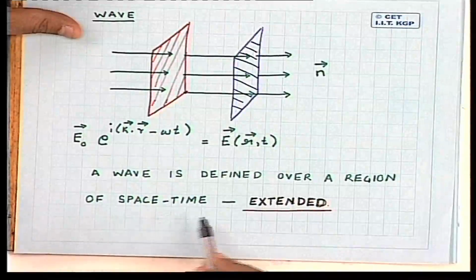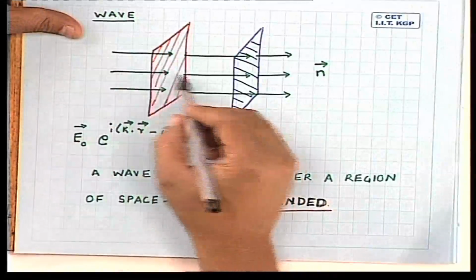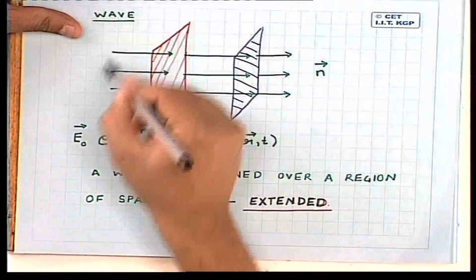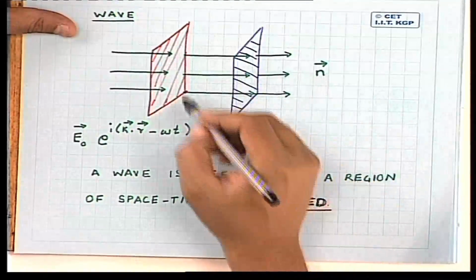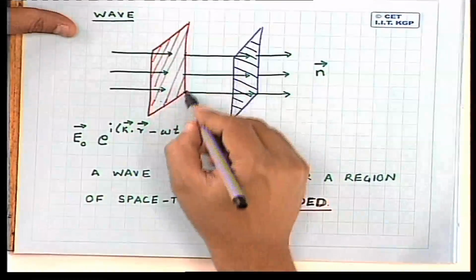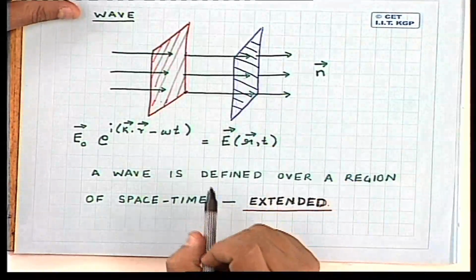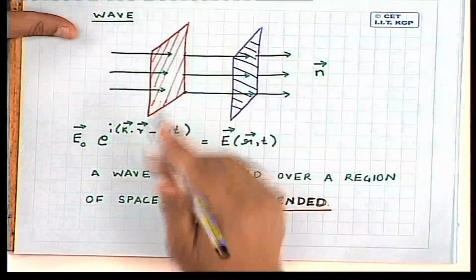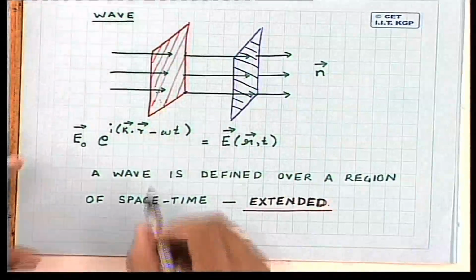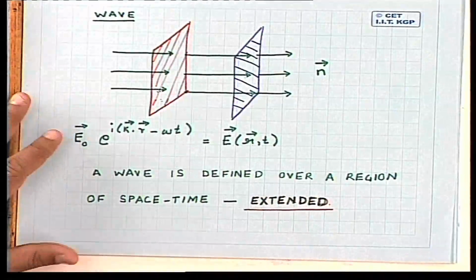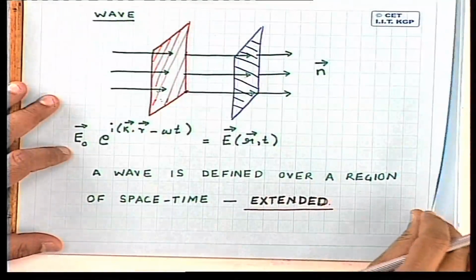So, the wave is defined over a region of space-time, that is r and t, and it is an extended quantity. It is defined in this whole region of space, and it varies as a function of time. In this case, we have a plane wave, and the electric field is constant over this whole plane surface over here, and it has a different constant value on a different plane surface. But the point to note is that this is an extended quantity. The electric field is defined everywhere on this plane, and it is defined in this whole region over here, and it varies as a function of time. So, the wave is an extended quantity.